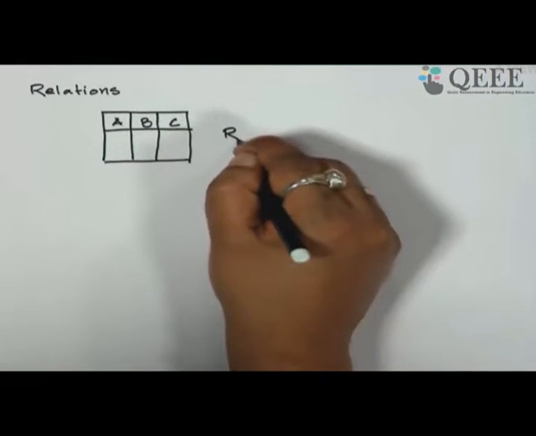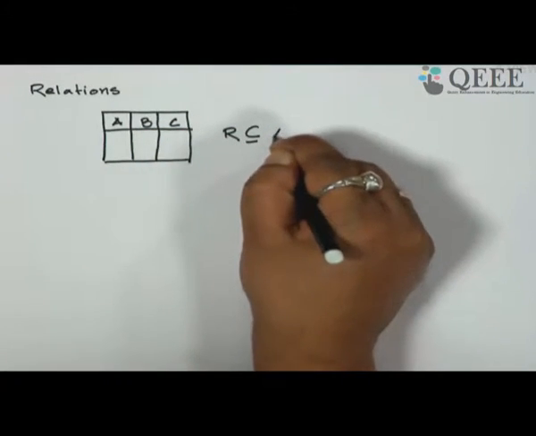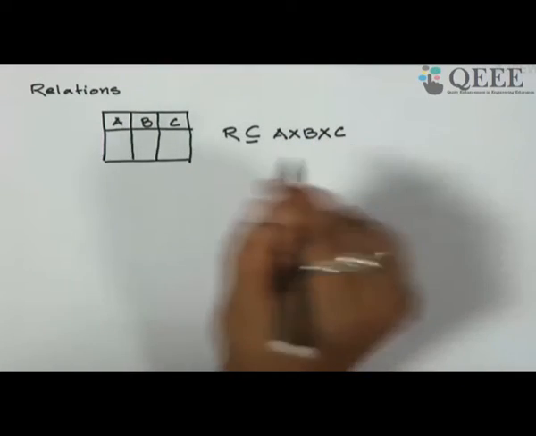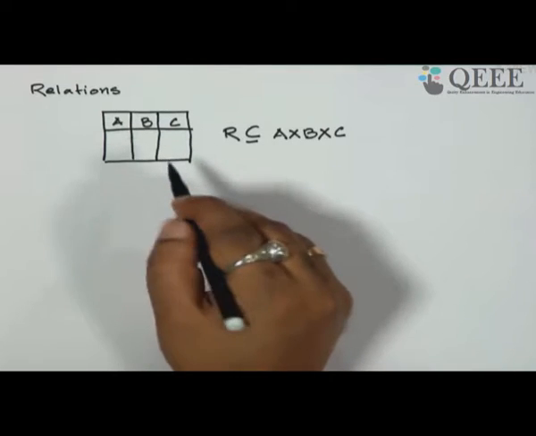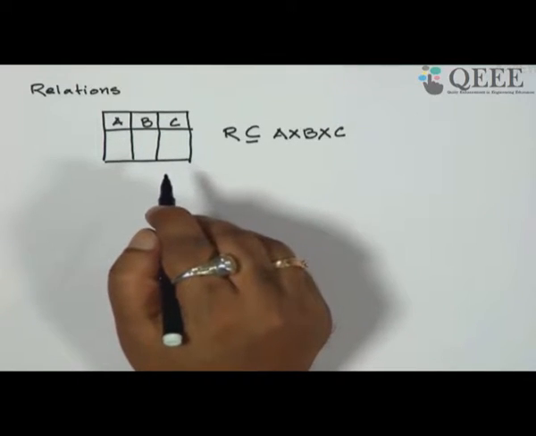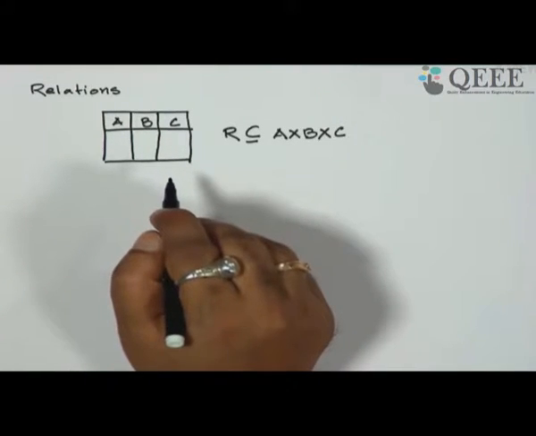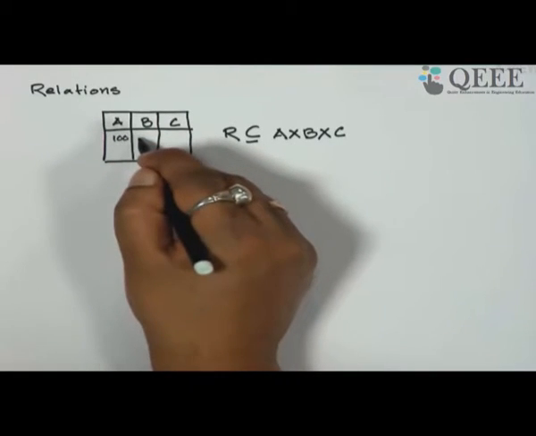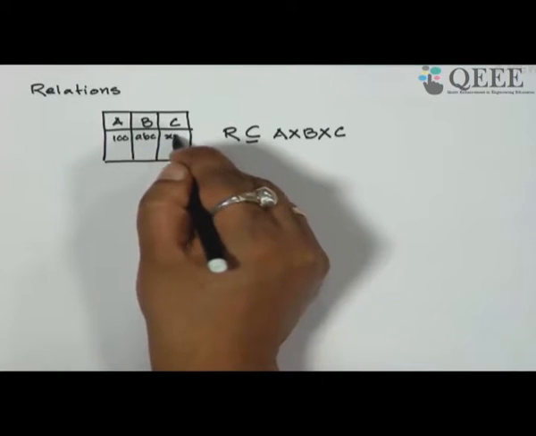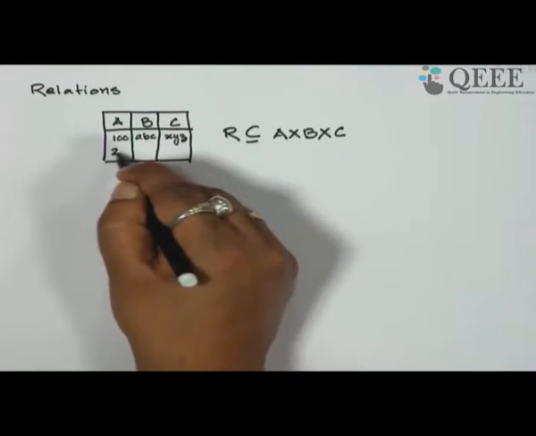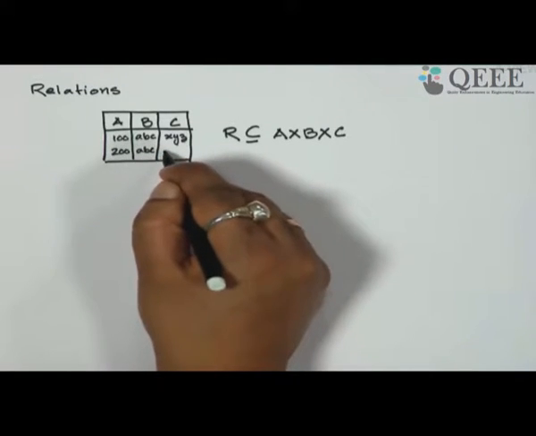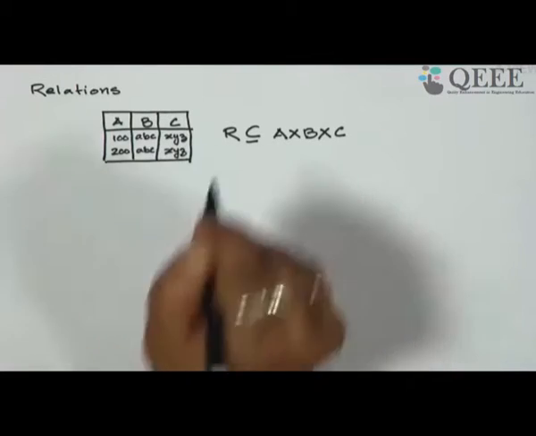So any relation R is a subset of the Cartesian product of the domains. Basically, of all possible combinations of values of A, B and C attributes that you can take, some of them would appear in a table. So an instance of a table is nothing but a subset of all possible values.